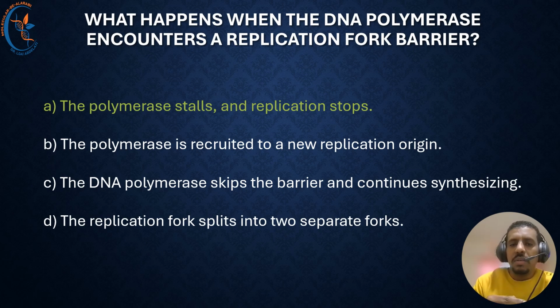This stalling occurs because the polymerase cannot proceed past the barrier due to the physical obstruction or structural abnormalities in DNA. All right? The inability to move forward effectively halts the replication process at that point. So the correct answer: the polymerase stalls and replication stops. All right, let's move on.